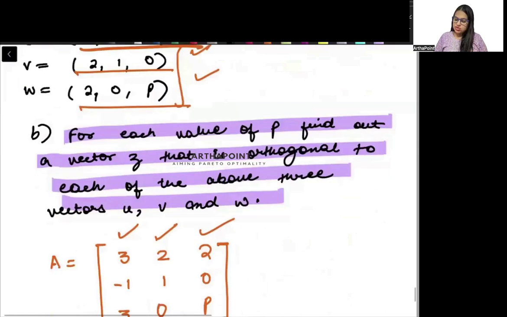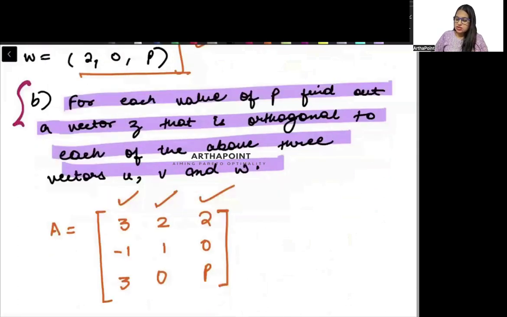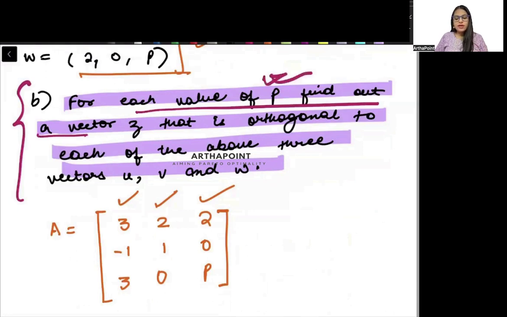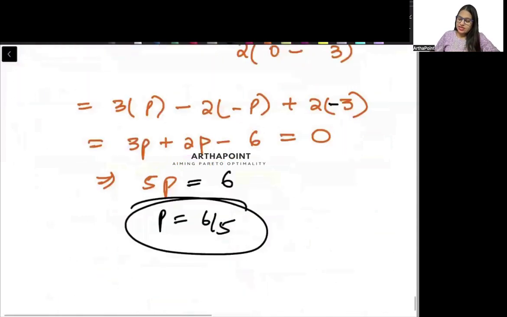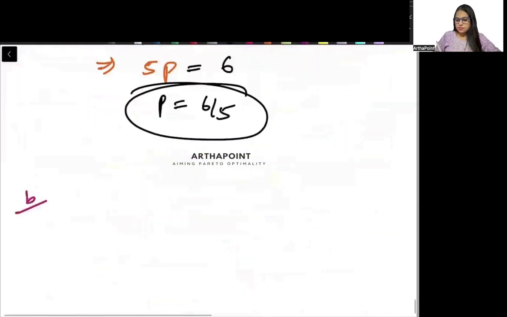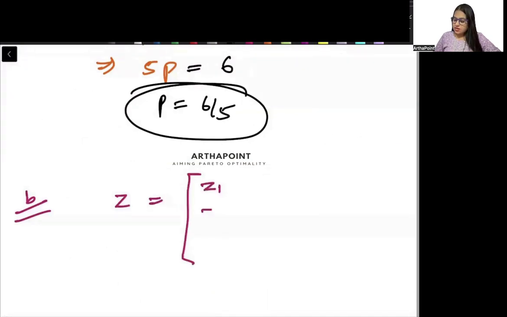Okay, now let's go to the next question. It says for each value of P, I've got value of P as 6 by 5. Find a vector Z that is orthogonal to each of the above 3 vectors U, V and W. So let's say that there is a vector Z, and let this vector Z be Z1, Z2 and Z3. Right?